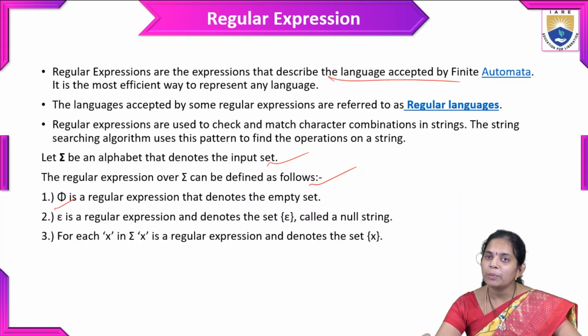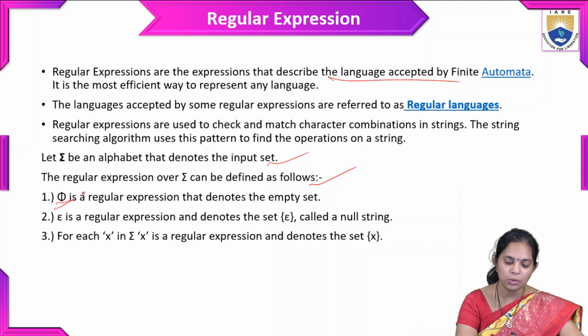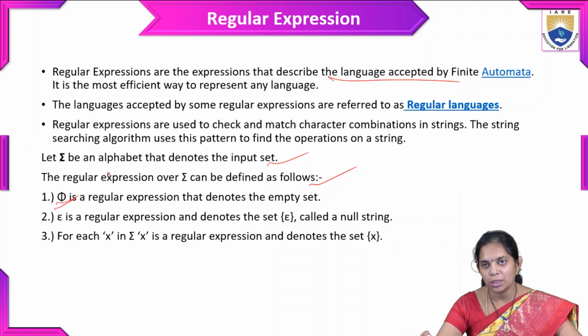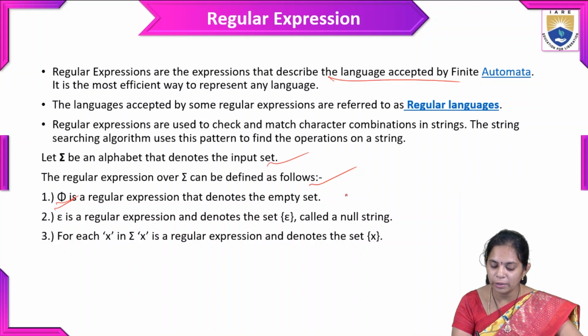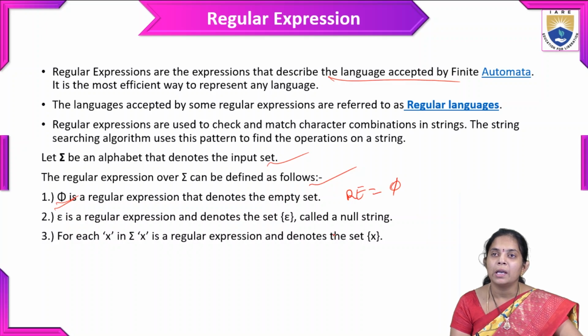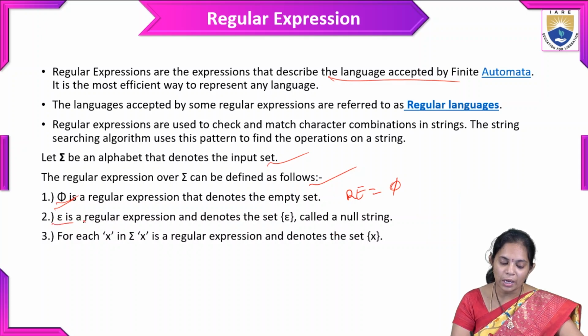So there are properties of regular expression. In those properties, the languages we call a regular expression, in the sense, first, only the null value is also accepted as a regular expression. So RE here we can write as RE equal to null. And next, epsilon.